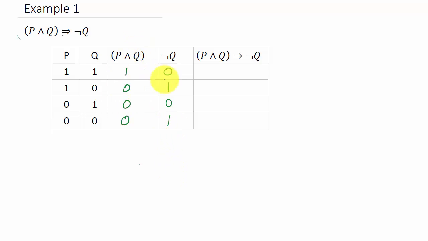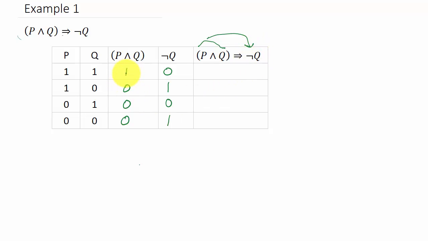Alright, so now we have these two columns. Now you see we can do P and Q implies not Q. So it's this column implies this column. So remember, implies is false when the first one is true and the second one is false.